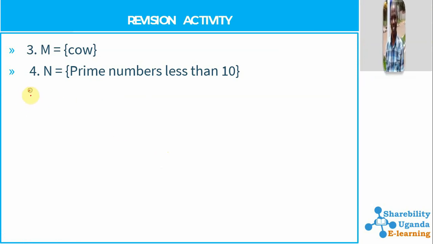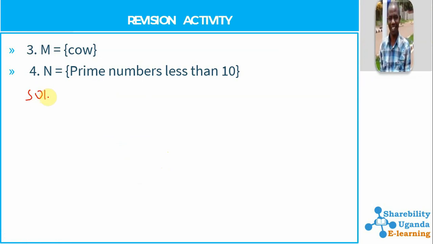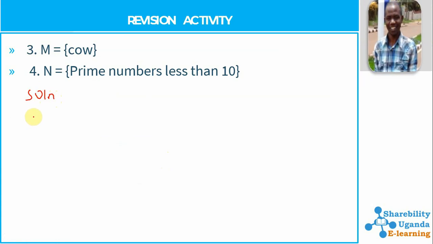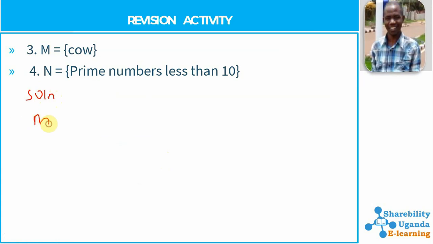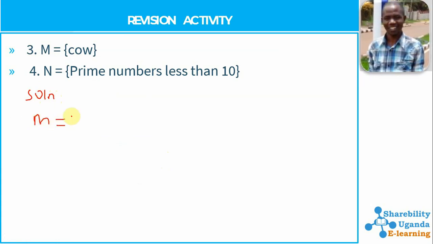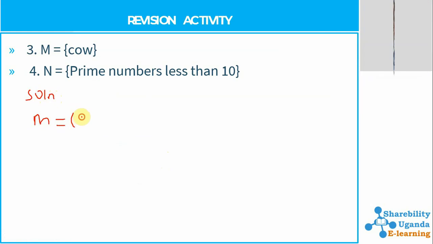In our solution, we are going to get our set M. Our set M is going to be equal to the element which is there, that is the cow.